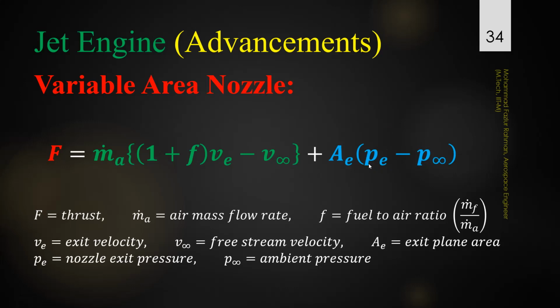This is possible only if we change the exit area of the nozzle, because that basically controls the expansion through the nozzle, and this expansion actually controls the exit pressure at the plane. Now this gives rise to the concept of the variable area nozzle, so that we can have optimum operation even at sea level and at the design altitude.